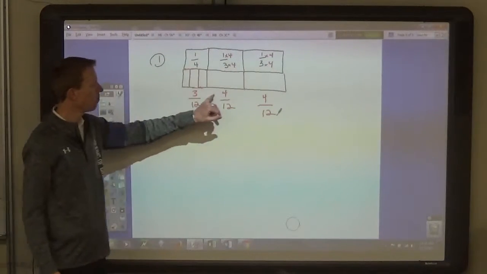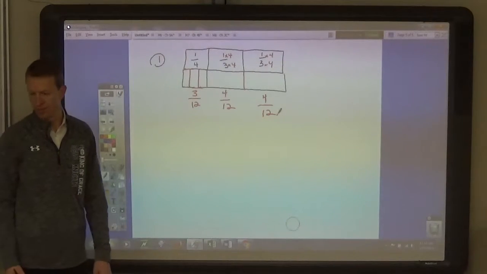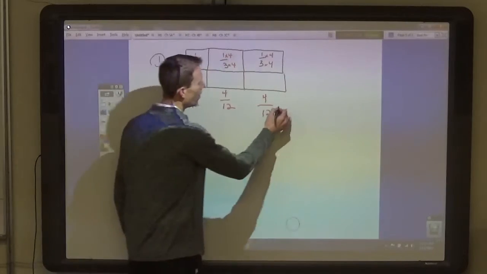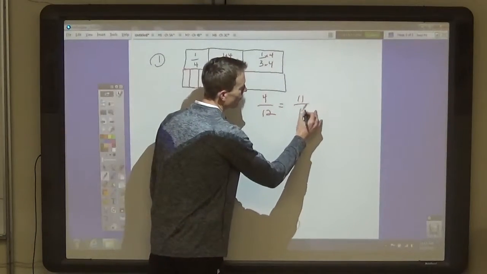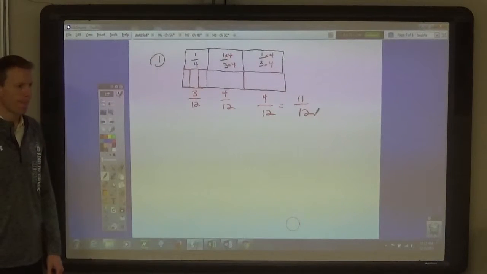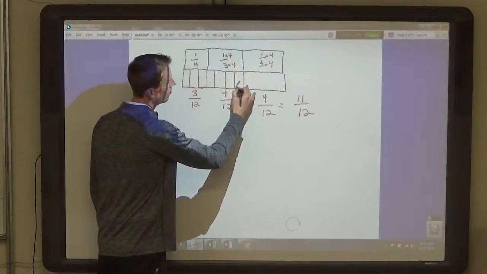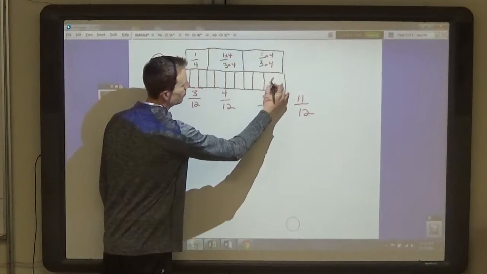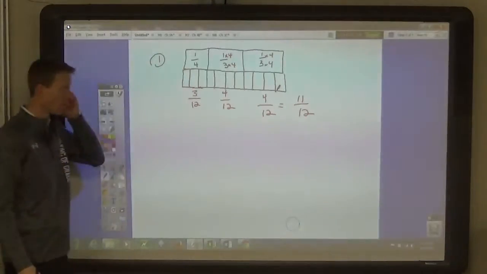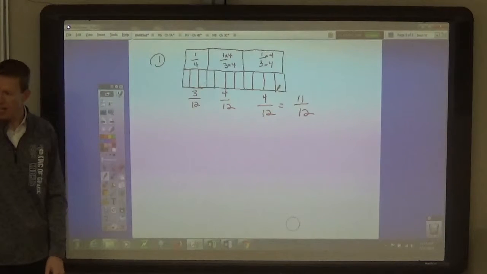So this is 3 plus 4 plus 4, which is 11/12. So these are all shaded in, and it represents the common denominator, common size.